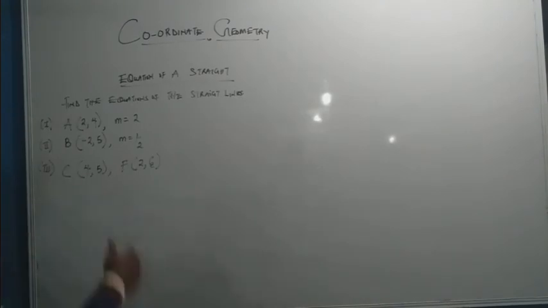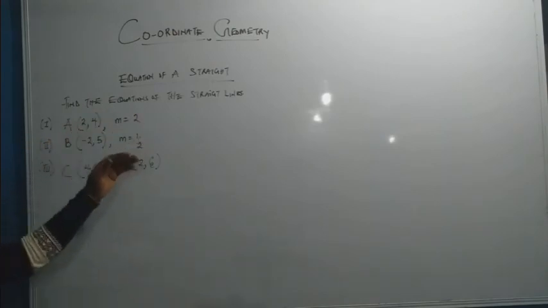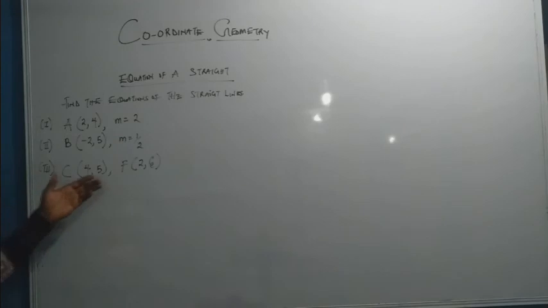Alright, so look at the question. We have to find the equations of the straight lines. In the first two questions we're given a point and the gradient. In the third question, we're given 2 points and asked to find the equation of the line joining the 2 points.